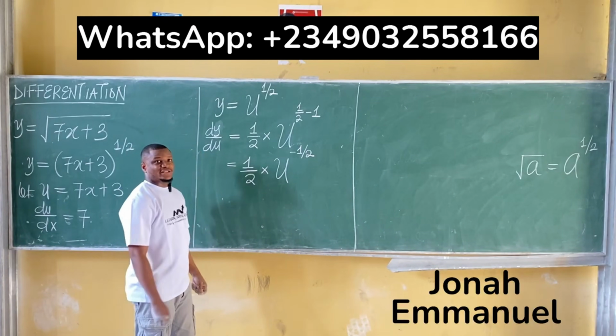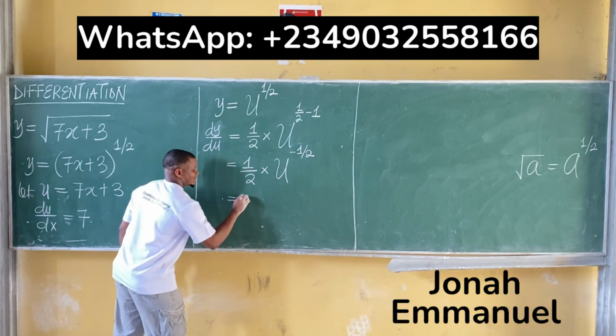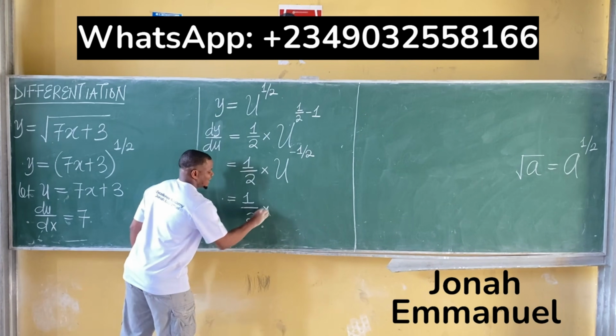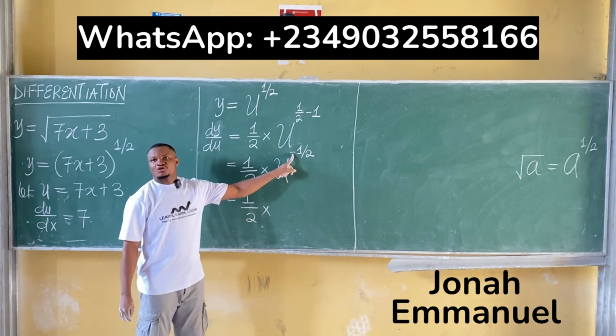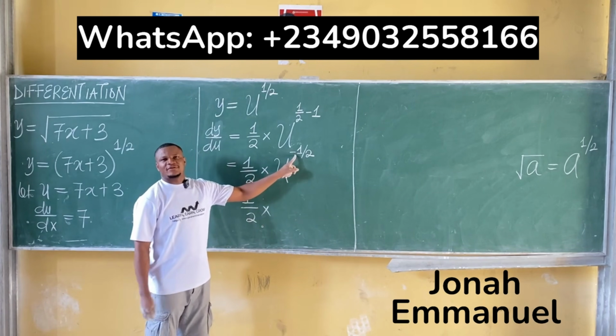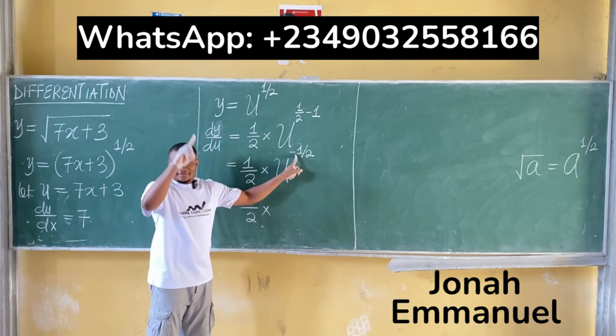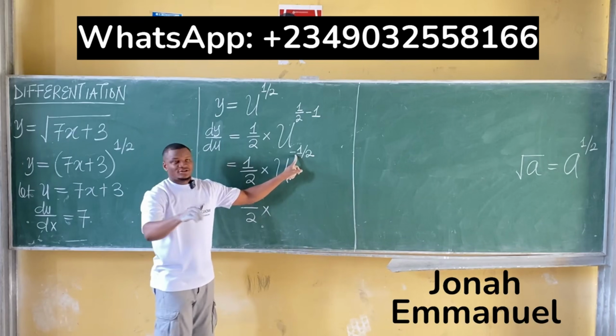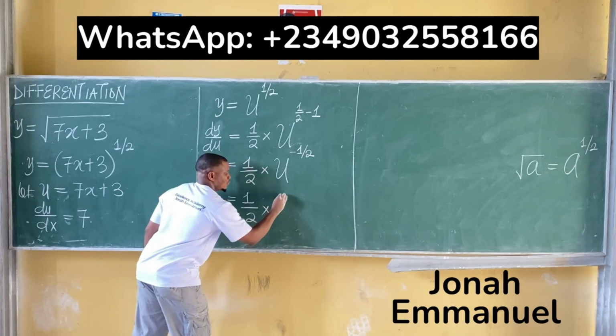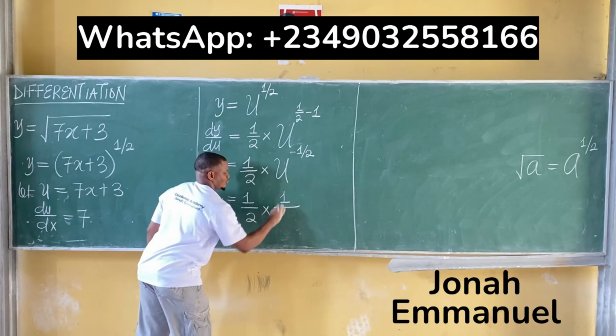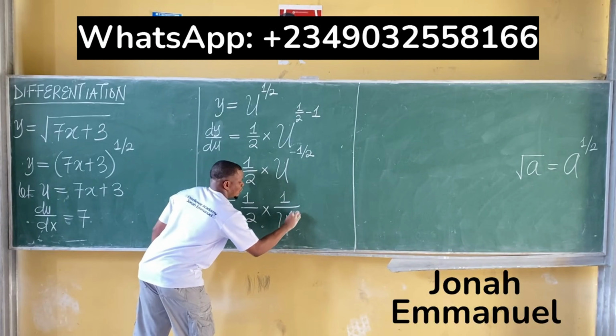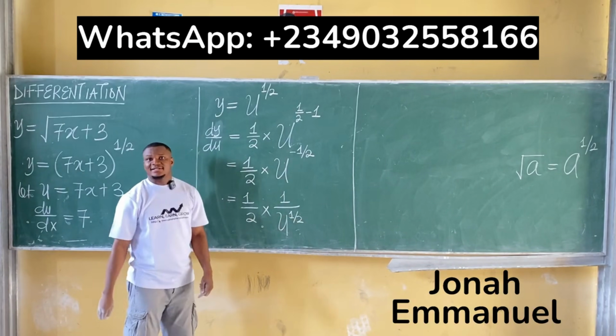Please watch this. This now becomes 1 over 2 times u to the power minus 1 over 2. If you have a negative there, what does it mean? How do I remove this negative from indices? Take the inverse. To take off the negative, I'll now put 1 all over u to the power 1 over 2. This is indices.